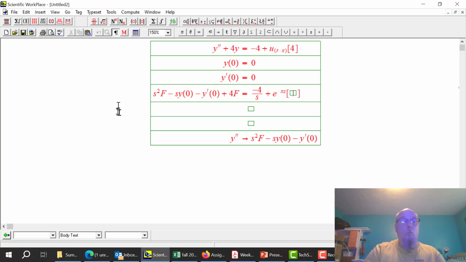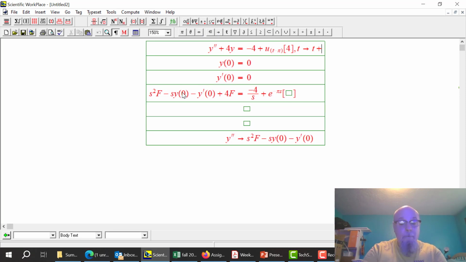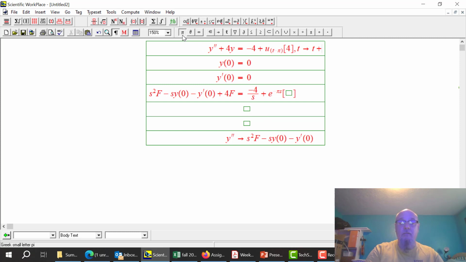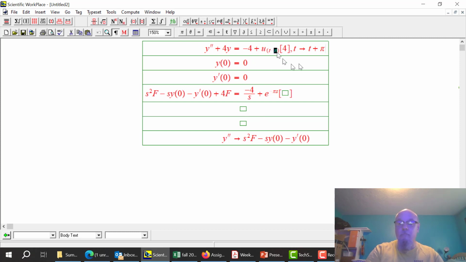And now when we're going into the Laplace world, for the function that's turned on, everywhere there's a t in that function, I have to put a t plus pi, because that's when the step function turns on.